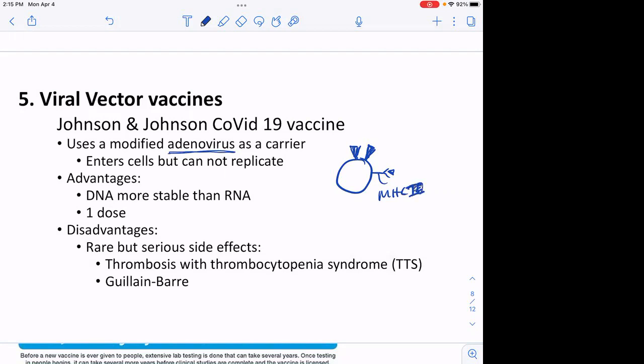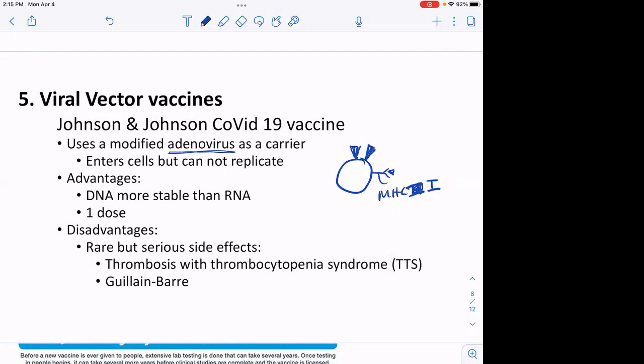Sorry, not 2, MHC class 1. So that's the whole idea, to get our cells to not only express some spike protein, but present some of it by MHC class 1. And in this way, we get different aspects of our immunity involved, our adaptive immune response.